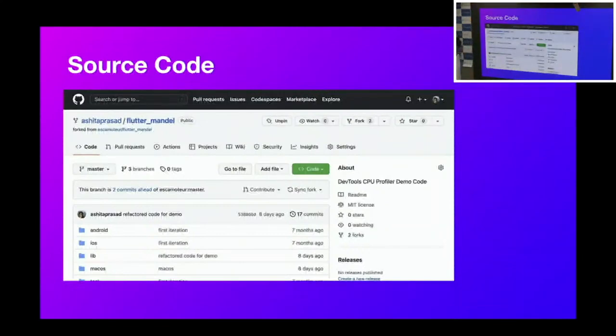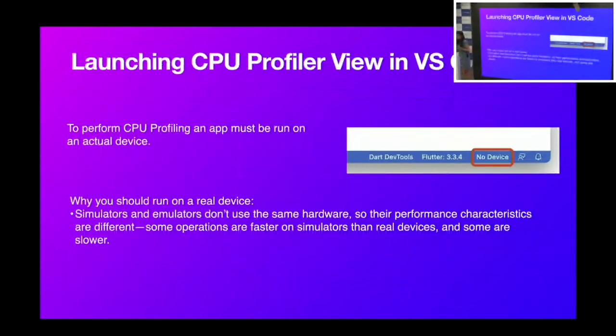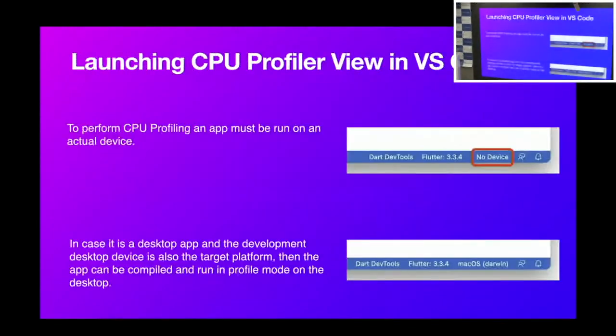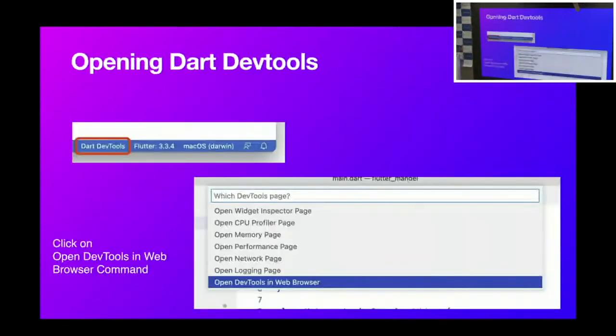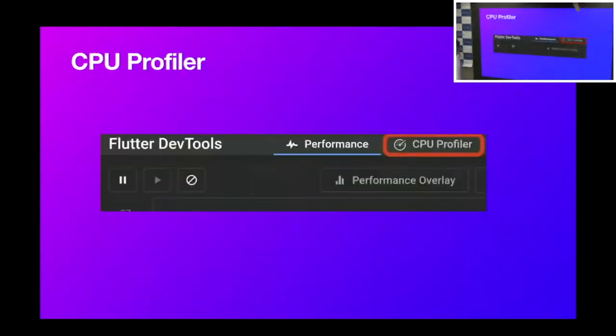And just like the performance view tool, we will be launching CPU profiler view again on an actual device. Here it's macOS Darwin, because I am using it for a desktop app. Again, we'll be running the app in profile mode, and we'll be opening Dart DevTools in the web browser.